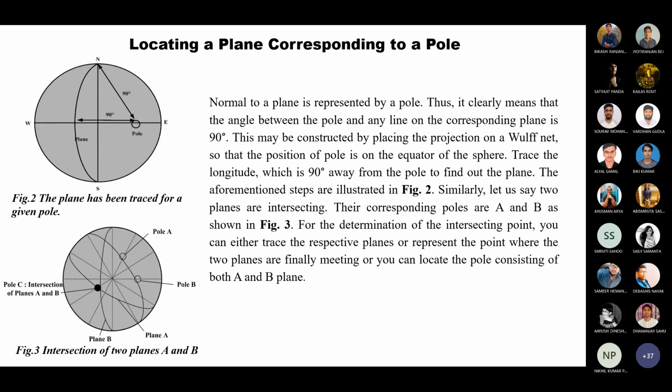So, locating a particular plane corresponding to the pole. Already I told that if you want the interplanar angular calculation, then how to locate? The normal to a plane is represented by a pole. So clearly, the angle between the pole and any line on the corresponding plane is 90 degrees, and this may be constructed by placing the projection on a Wulff net.